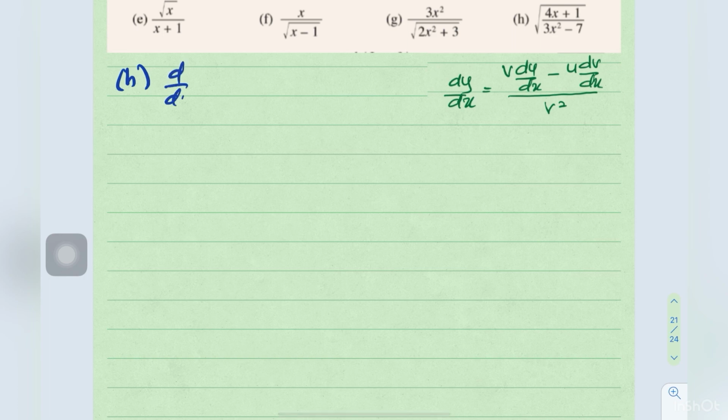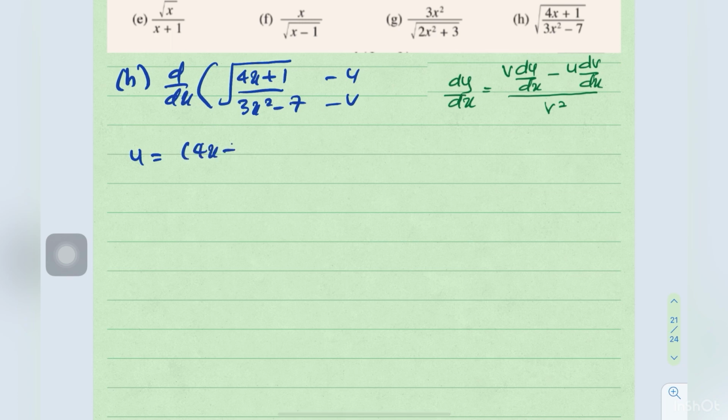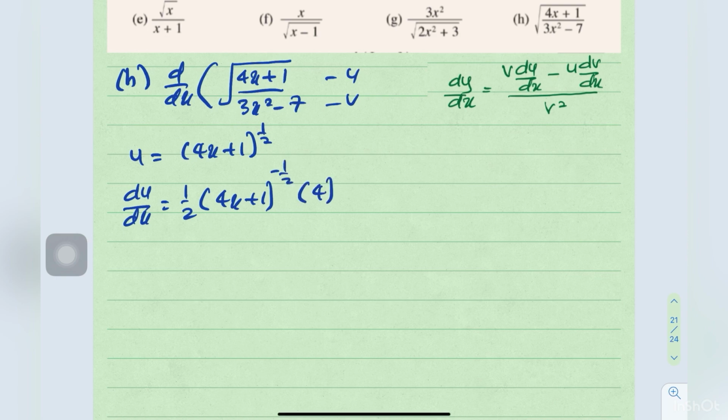d/dx of the square root of (4x plus 1) over (3x squared minus 7). Okay, same thing. So u is (4x plus 1) to the power of 1/2, so du/dx is 1/2 times (4x plus 1) to the power of negative 1/2 times 4. Okay, so we can simplify, 2 over (4x plus 1) to the power of 1/2.